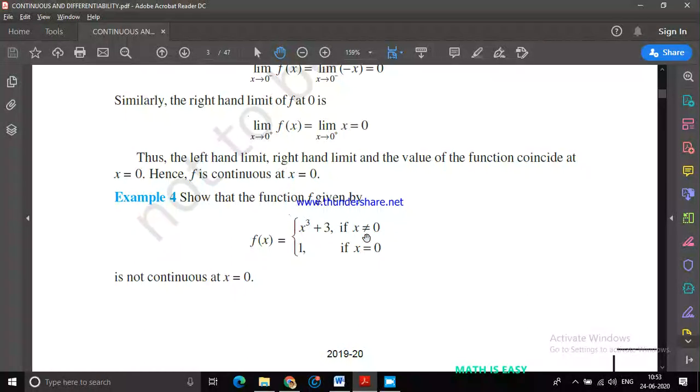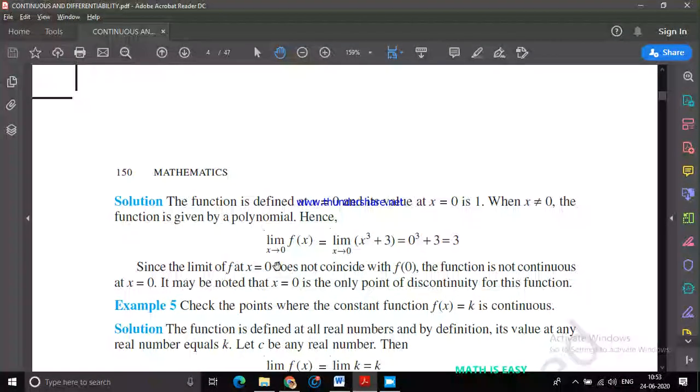That means for negative values and for positive values, x less than 0 or x greater than 0, in both cases the function is going to be x cube plus 3 only. So that's why they are finding only the limit x tends to 0 directly.